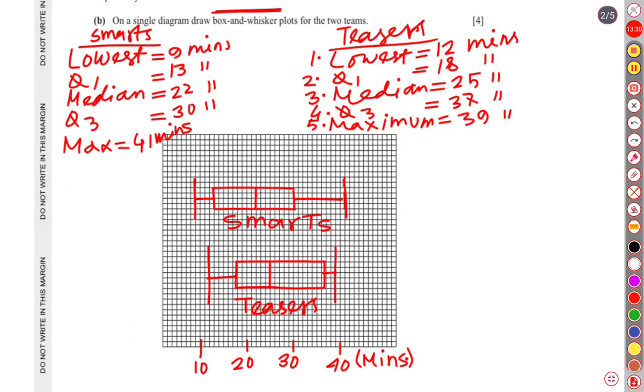So this is the box and whisker plots of these two teams. The times taken by the team members of smarts have been drawn above the box and whisker plot of the teasers. And look, there are 5 pieces of information we have inserted: lowest value, lower quartile, median, upper quartile, and maximum value.